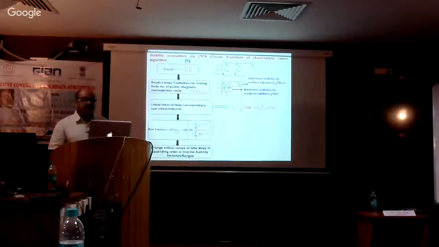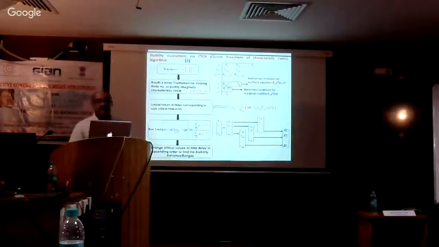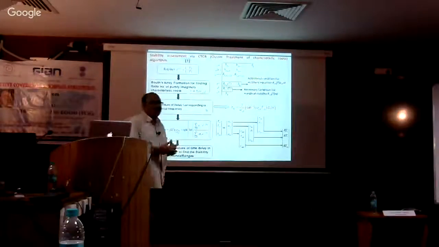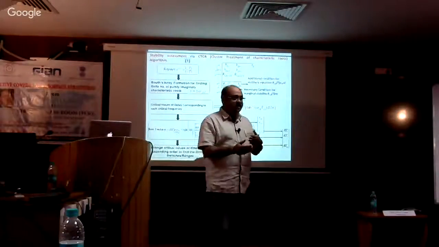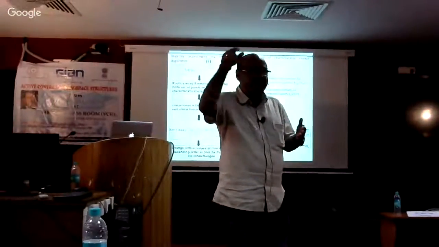So if you solve these values, from T you know the value of omega. From omega you can calculate tau by this relation. This is called the continuity theorem, right? Because it's a periodic solution, basically e to the power minus j omega tau.